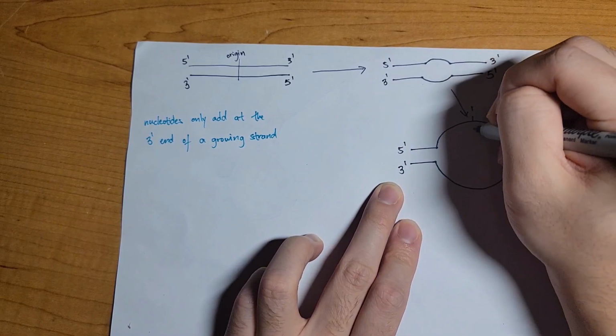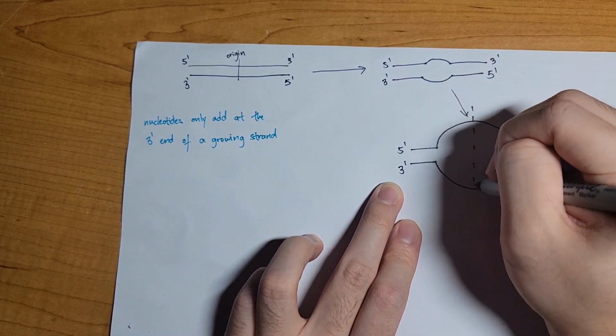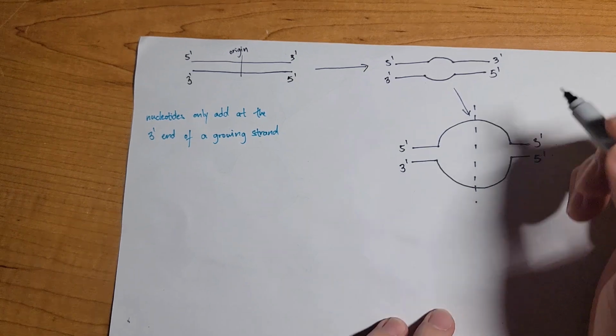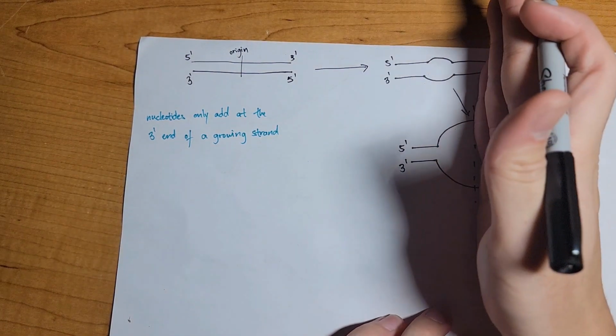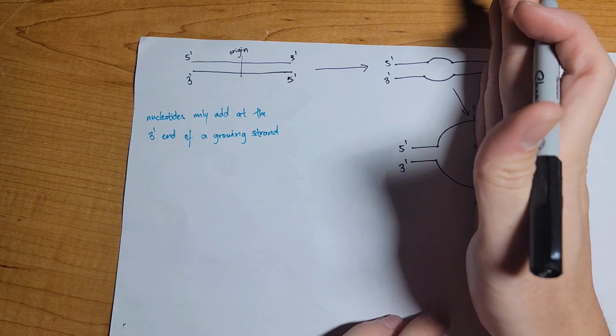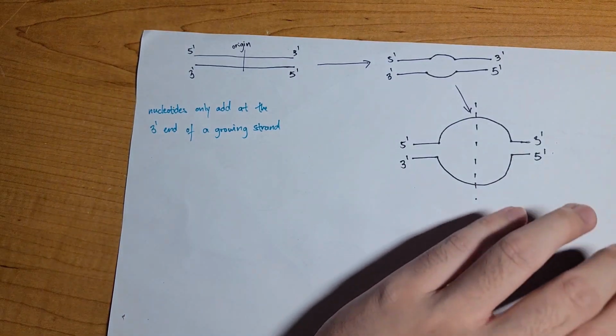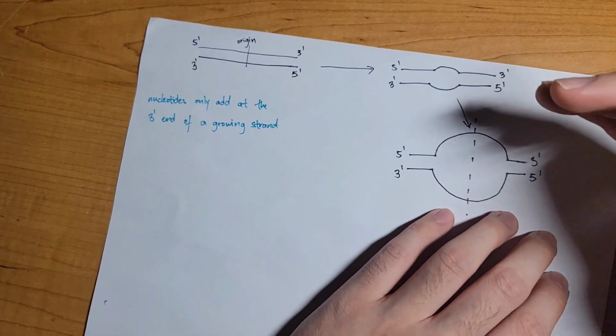We have an imaginary line for the origin. One trick that I use to make it easier for me is that I can imagine that this imaginary line of the origin is like the end of a strand. For now, I'm going to focus on the top strand. Everything is going to be about the top strand for now.